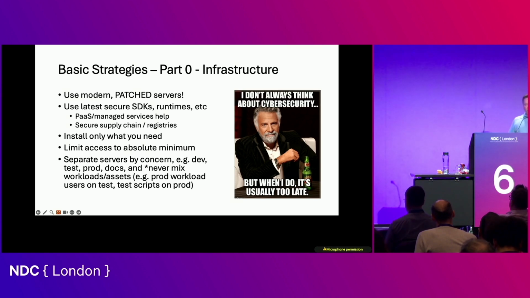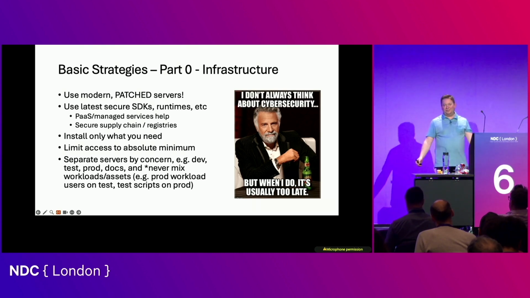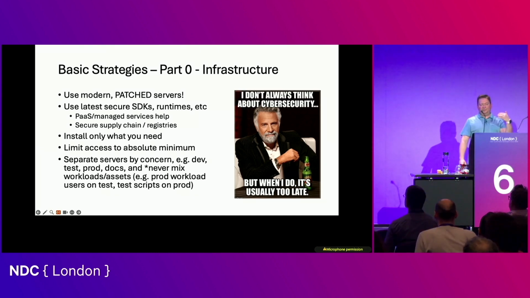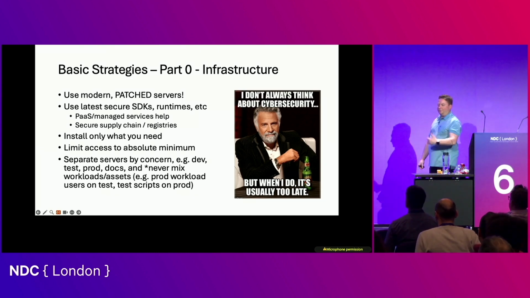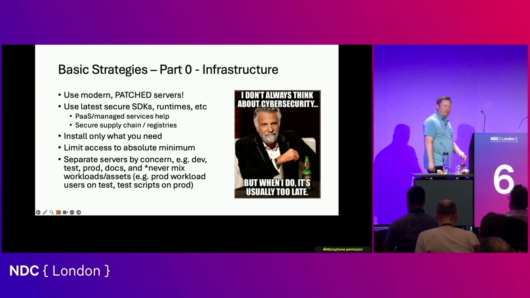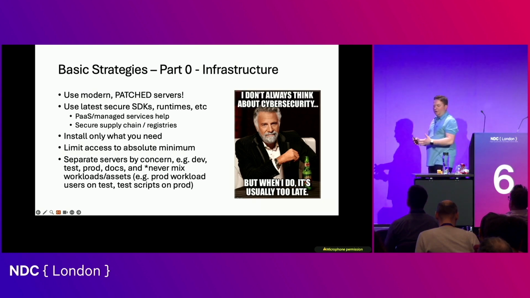If you think about it, some versions of Windows Server don't even have the modern OAuth standards or the modern identity standards because it wasn't invented yet, right? So you want to be on the latest version of an OS, the latest version of a framework, the latest version of your dependencies. You want to know where your dependencies come from. It's really just making sure the infrastructure you have is modern and patched.